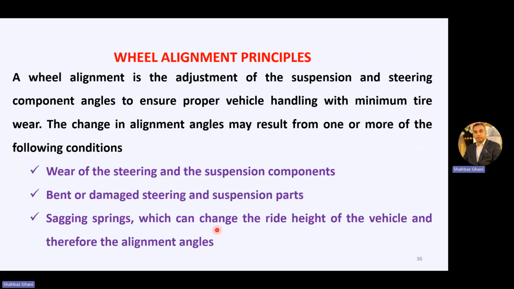Number three, sagging springs, which can change the ride height of the vehicle and therefore the alignment angles. So if there is something wrong with the springs used in the suspension system, the ride height changes. These are the three basic conditions which affect your wheel alignment, so we have to do the wheel alignment in these cases.